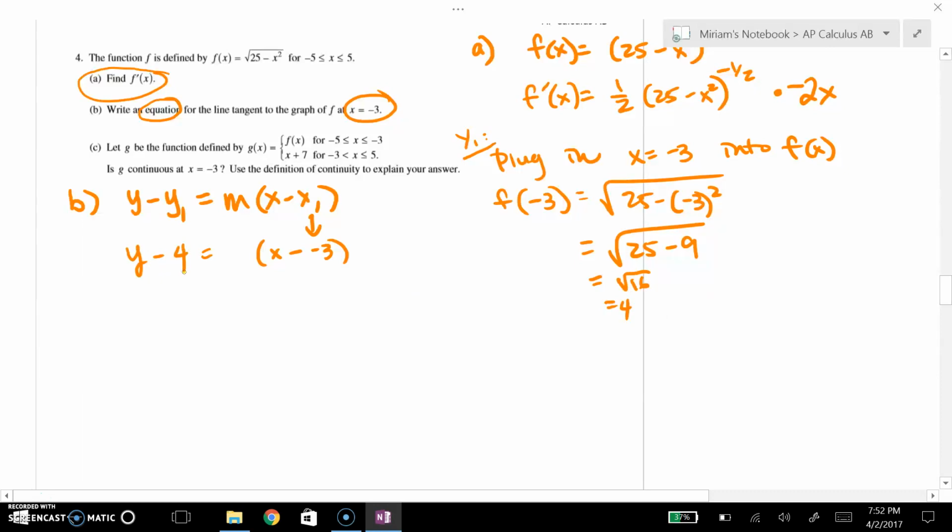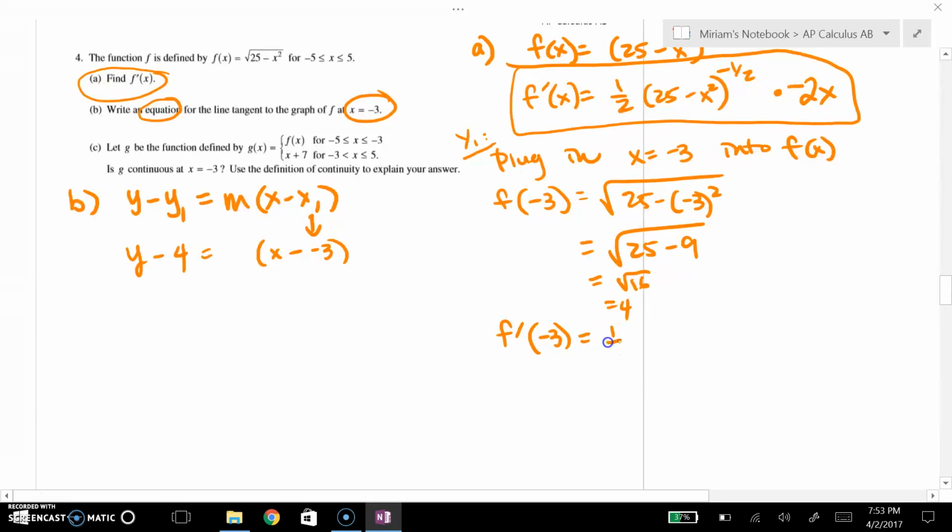Now we still need the m, which is the derivative. Well, we have the equation of the derivative, don't we? What we need to do is plug in the x value in there. So let's do it. Simplify what you can.